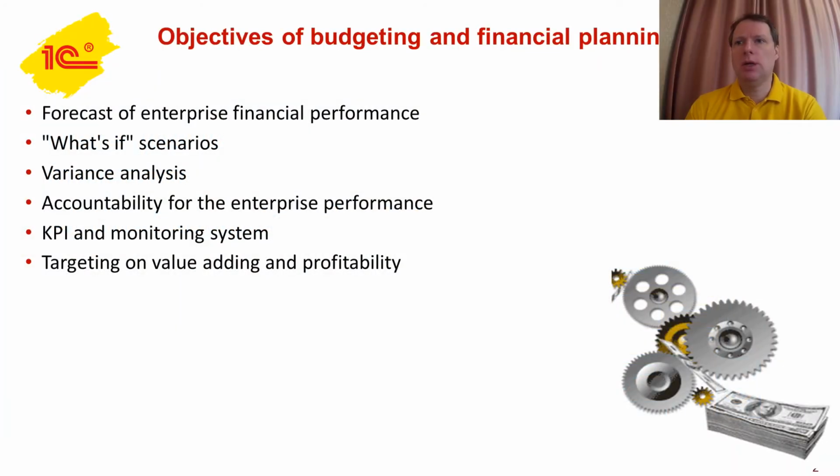The objectives of budgeting and financial planning are forecast of enterprise financial performance, forecast results in what-if scenarios, variance analysis abilities, and a KPI and monitoring system in an enterprise performance dashboard, targeting an increase in the profitability of the company.